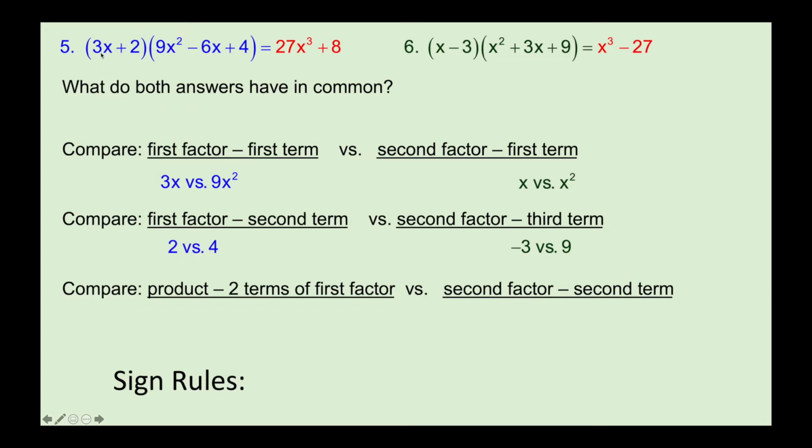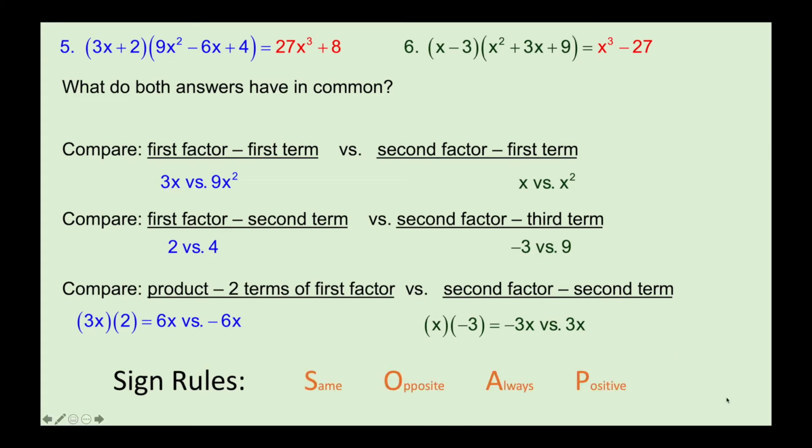So if I were to multiply 3x and 2 together, I would get 6x. And then we can see that this one ends up being negative 6x. Here, if I multiply x and negative 3 together, I get negative 3x, and the second factor in the other one is just 3x.